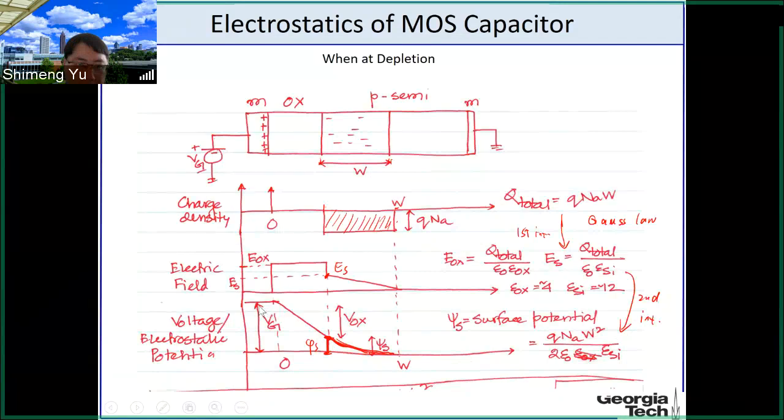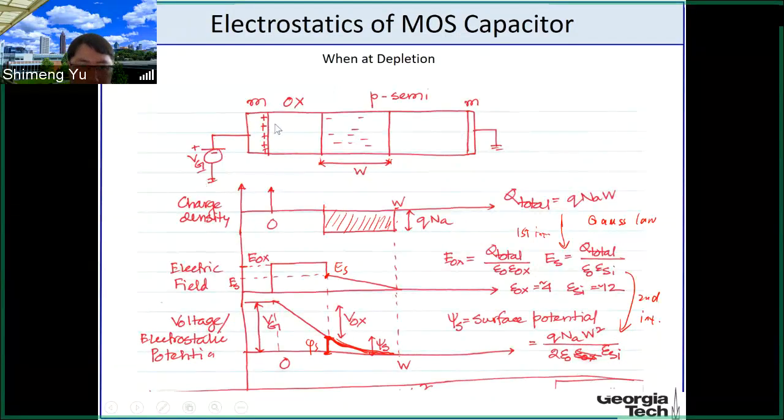But you apply the gate voltage, Vg. So if you look at this structure, you apply voltage to the metal gate, eventually the voltage will decay to 0 when you go to the right-hand side. So this is the voltage drop across the oxide and then the depletion region. In other words, the Vg has two components.